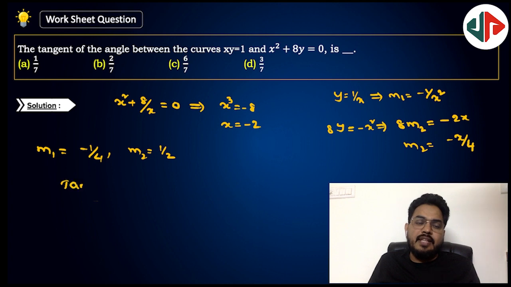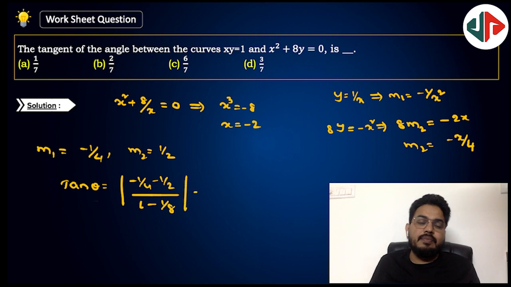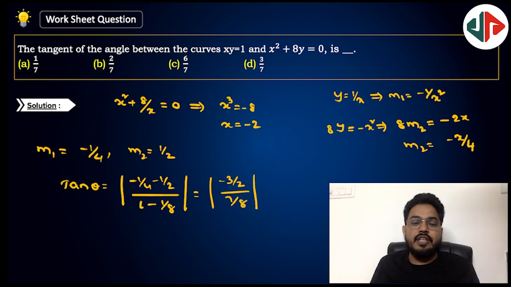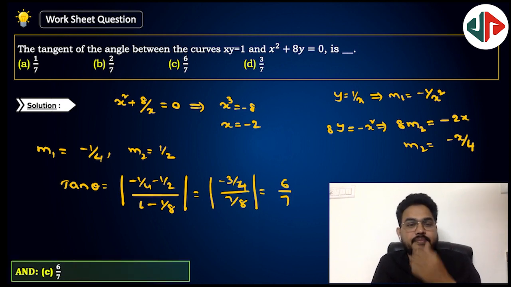So tan theta is equal to modulus of (m1 minus m2) by (1 plus m1 m2), which is equal to modulus of (minus 3 by 4) by (7 by 8). So it is 6 by 7. The answer is 6 by 7.